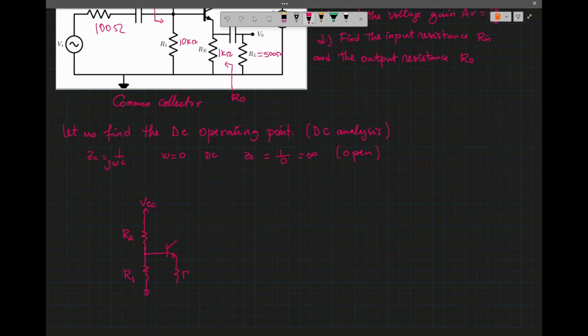So we have RE here, and the collector is connected to VCC.